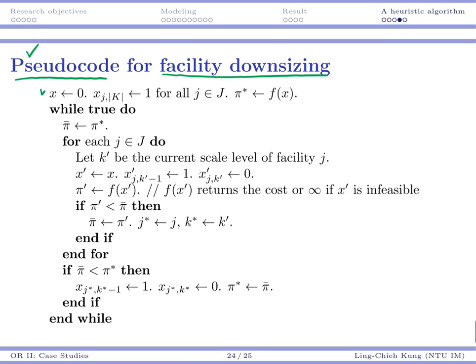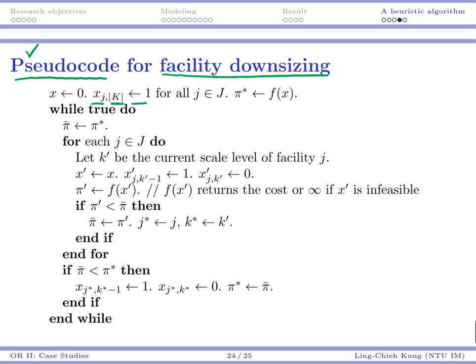So initially, let's set x to be 0. That means x_jk is 0 for all j, for all k, when we just write x is assigned to be 0. So initially, x is 0, and then for each j, we set the highest possible facility scale level to be 1.